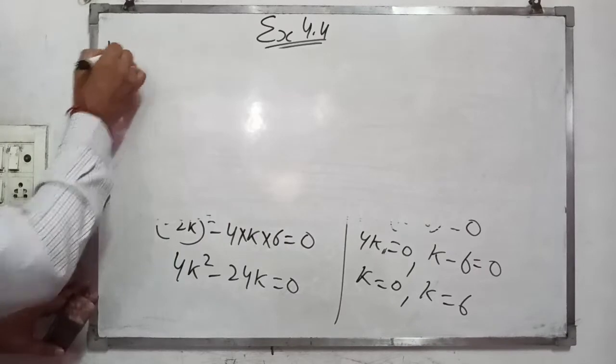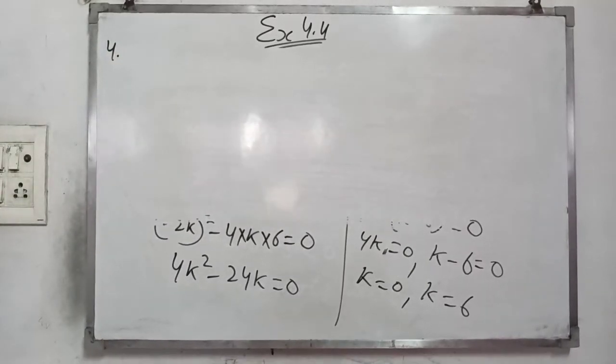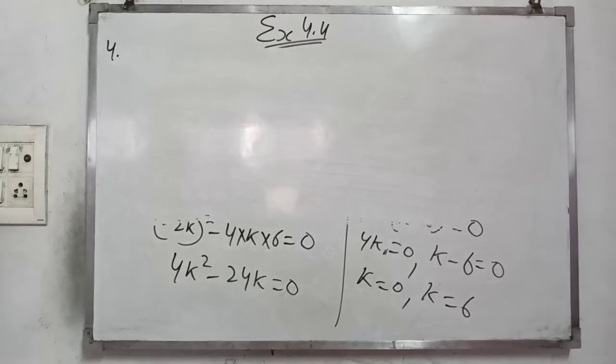Question number 4: is the following situation possible? If so, determine the present ages. The sum of the ages of two friends is 20 years. Four years ago, the product of their ages in years was 48.